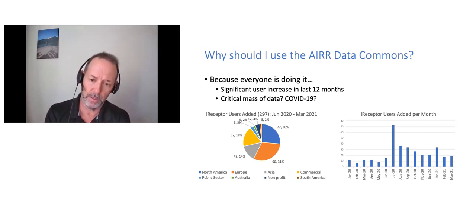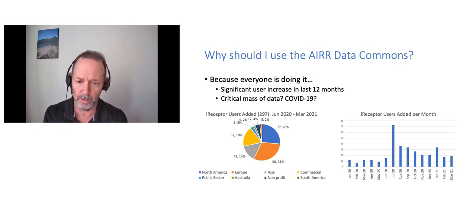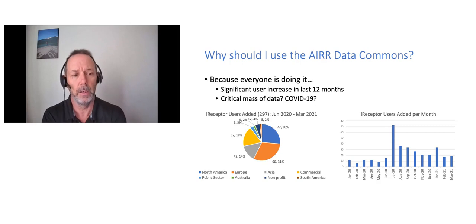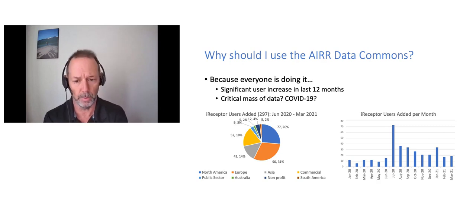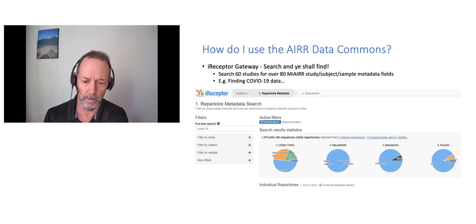We think this is being driven by two things. Certainly COVID-19 is a big part of it, but I think there's also a critical mass of data now that's available. A lot of that is COVID-19 data, but there are also other types of data, and Kira is going to talk a little bit about that later on.